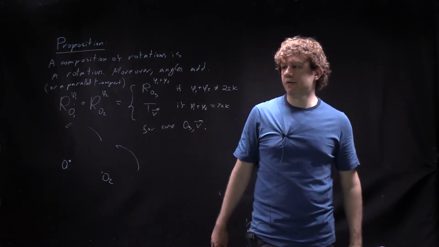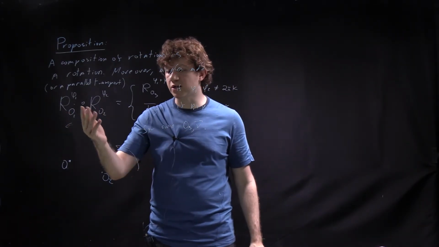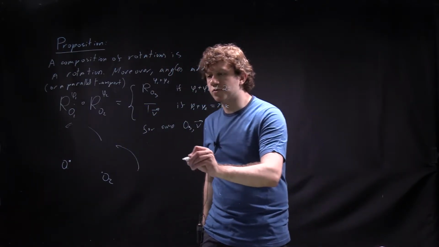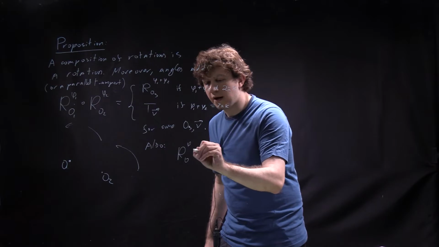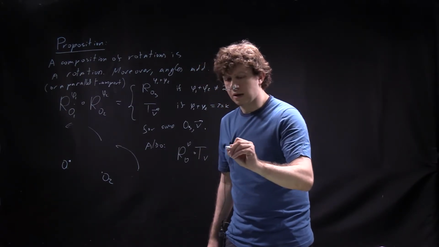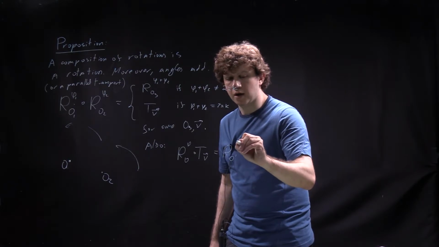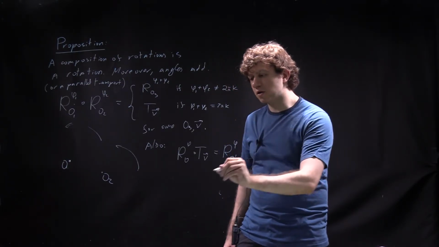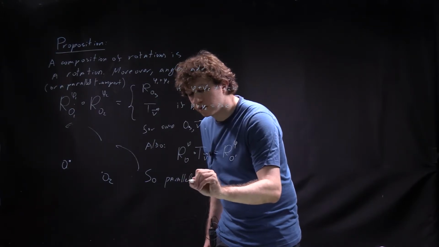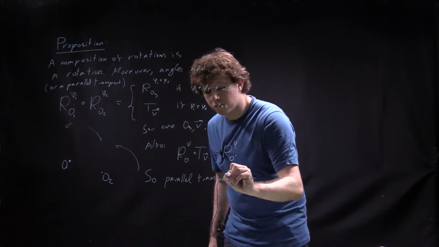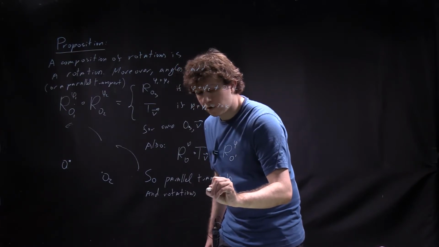So that's the statement. And you might worry that that looks a little ugly, so sometimes you get parallel transports, sometimes you get rotations, but in general we'll also see that if you take a composition of a rotation and a parallel transport, that's also a rotation with a different center O prime by the same angle phi, and so parallel transports and rotations form a subgroup.